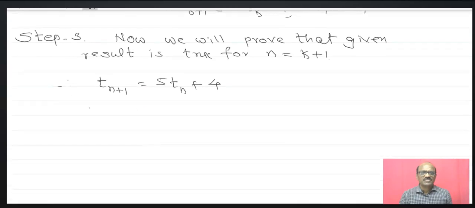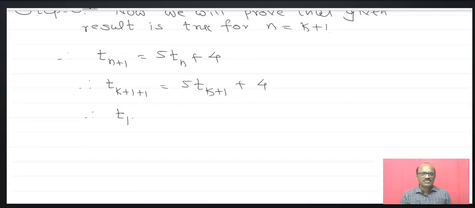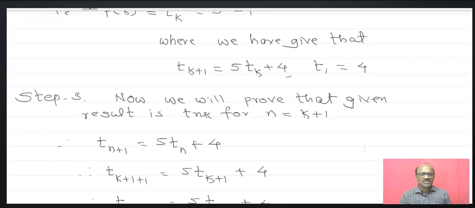Now here replace n by k plus 1, then you will get t_{k+2} equals 5t_{k+1} plus 4.